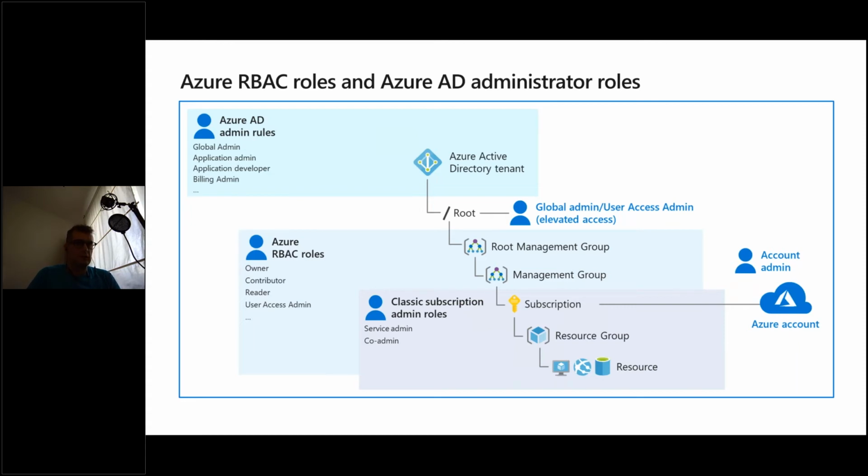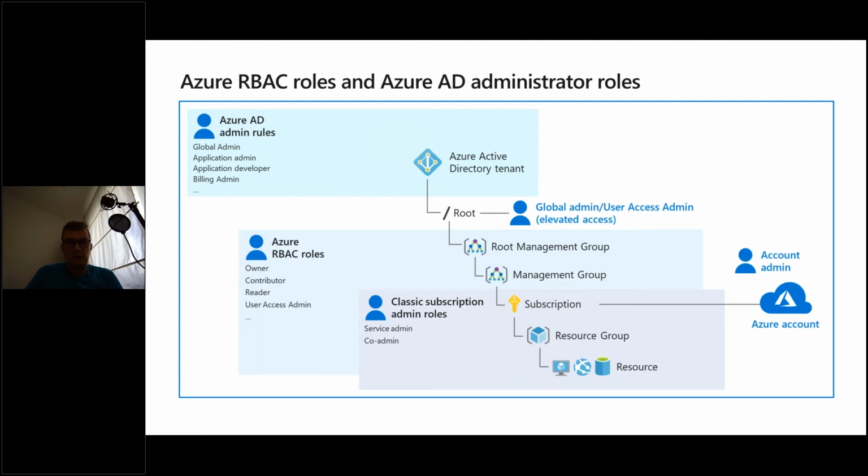Azure RBAC is an authorization system that's built on ARM, or Azure Resource Manager. In RBAC we have 4 fundamental roles, which are owner, contributor, user access admin, and reader.